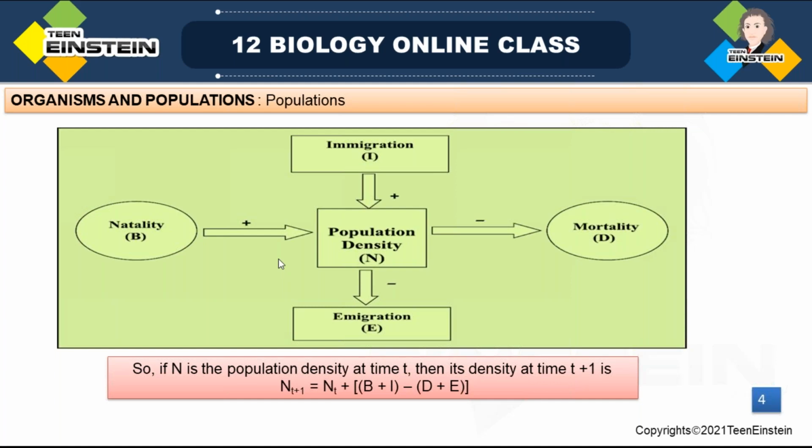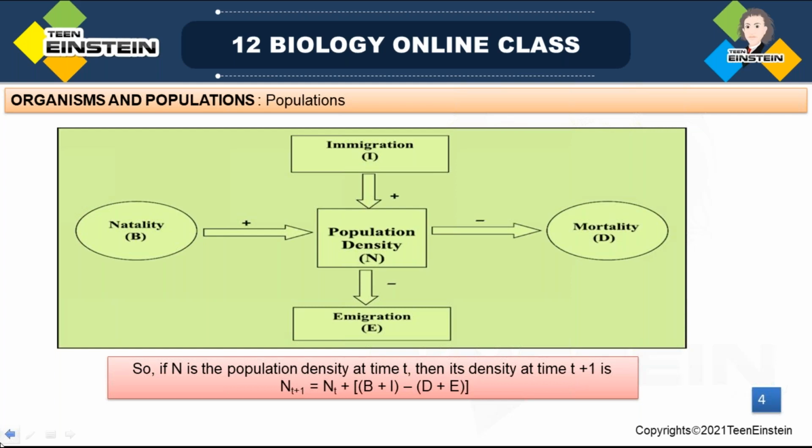Then immigration and emigration, these two factors are important under specific or special conditions. Like if there is a formation of a new habitat, and in that new habitat some group of birds are coming, that increases the density suddenly.